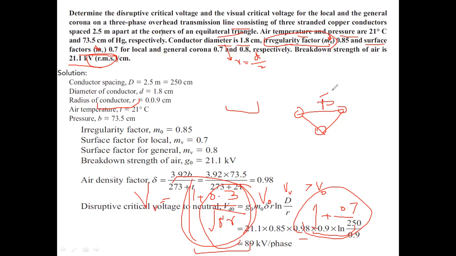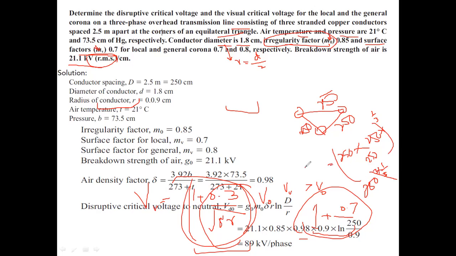So now the solution: D is equal to 250 centimeter, using the same formula of DMD. So 250 into 250 into 250, cube root. 250 cube into 1 over 3, so the cube will be cancelled.